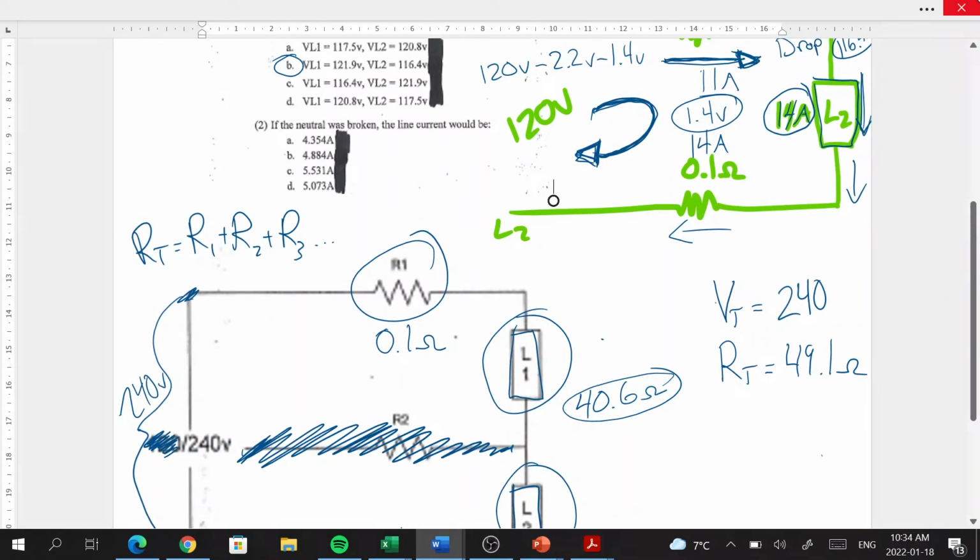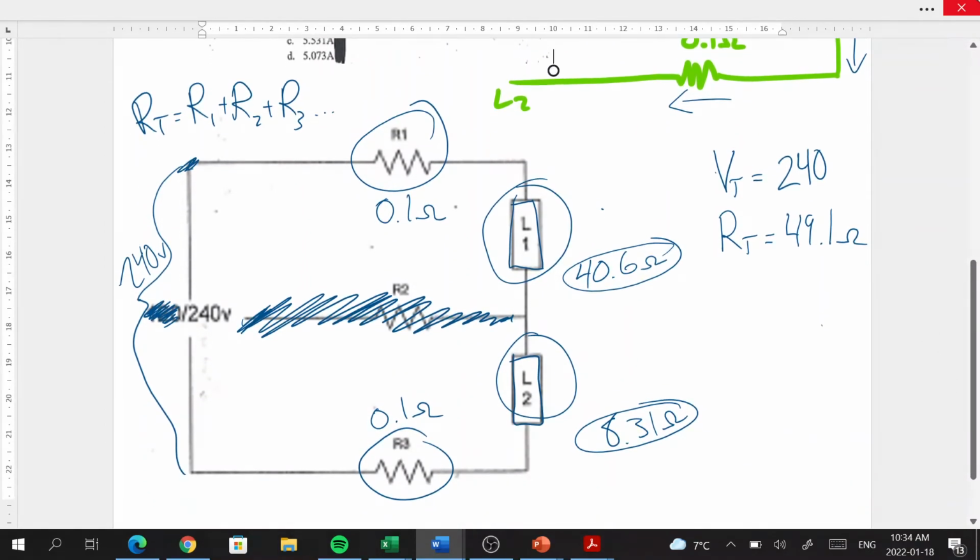Okay. Now let's go up. If the neutral was broken, the line current would be. So what is the line current in a series circuit? Well, the line current is going to be the total current, because we only have one path for the current to travel along.